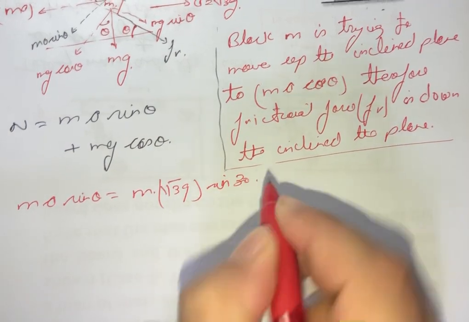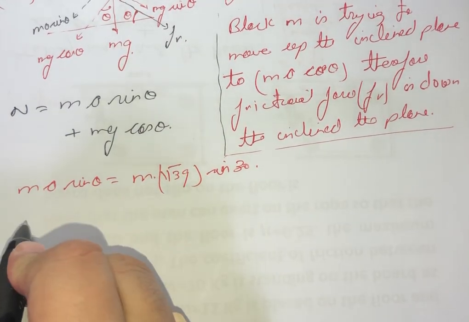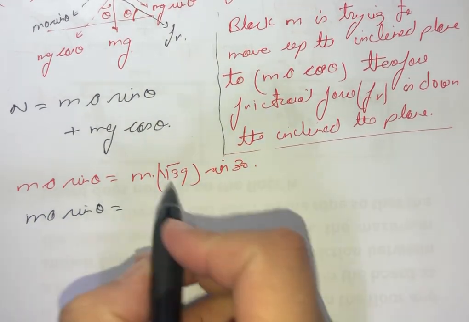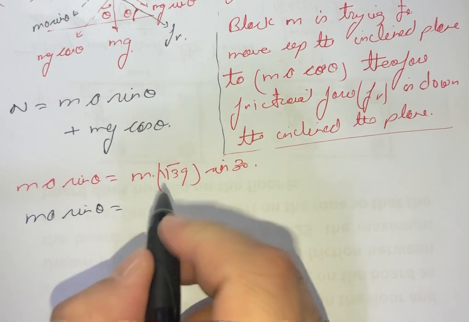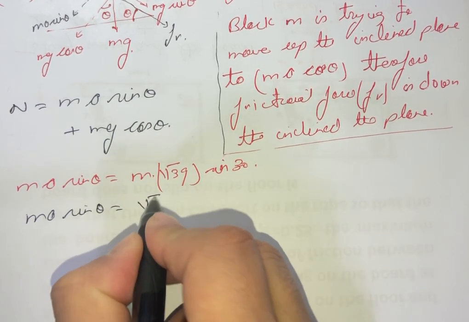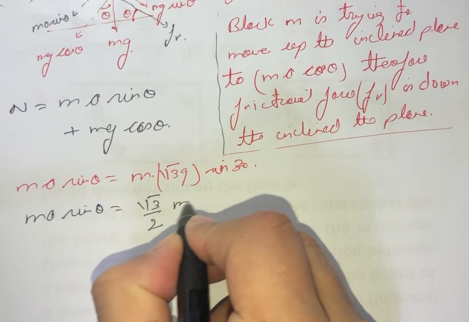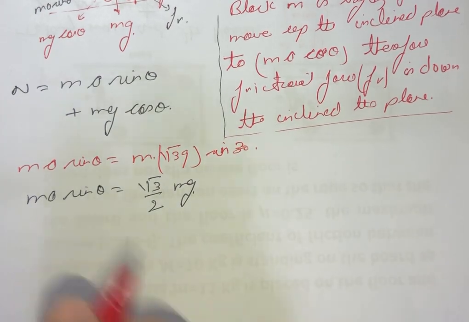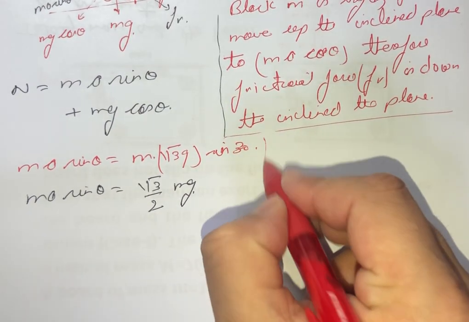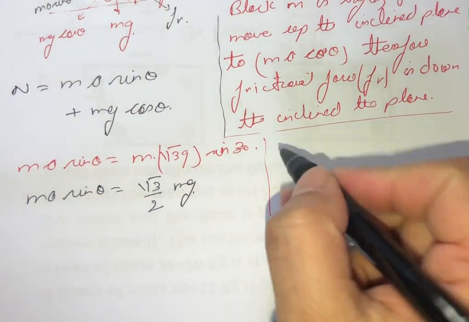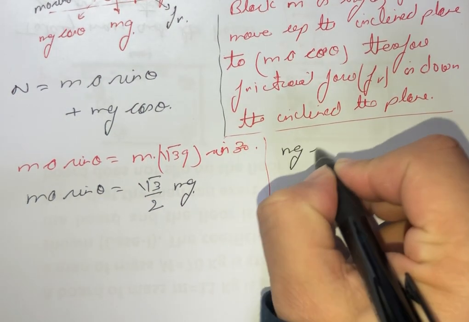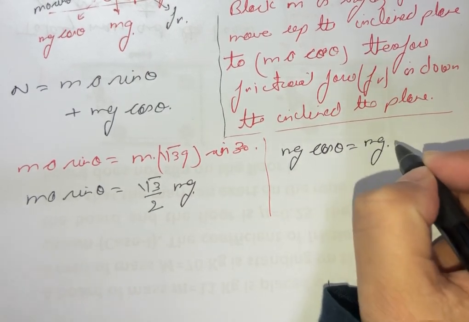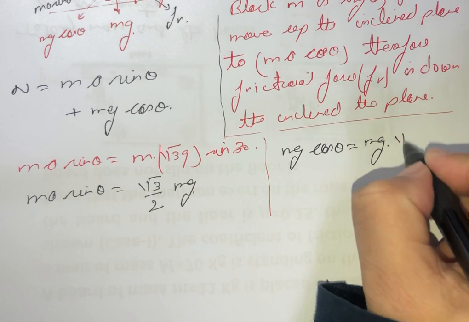So ma sin theta will be coming equal to root 3 divided by 2 multiplied by mg, and next is mg cos theta. Write it here, so I can say mg cos theta will be equal to mg and root 3 by 2.